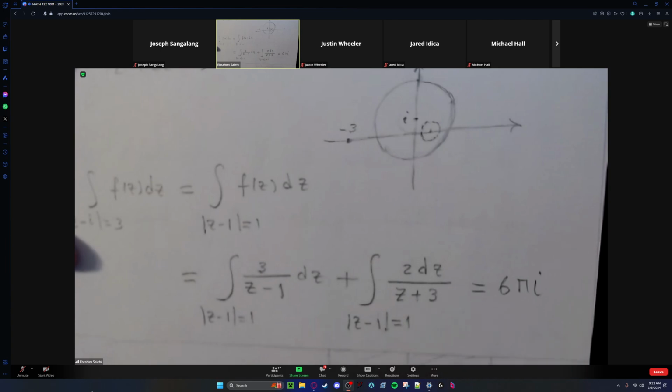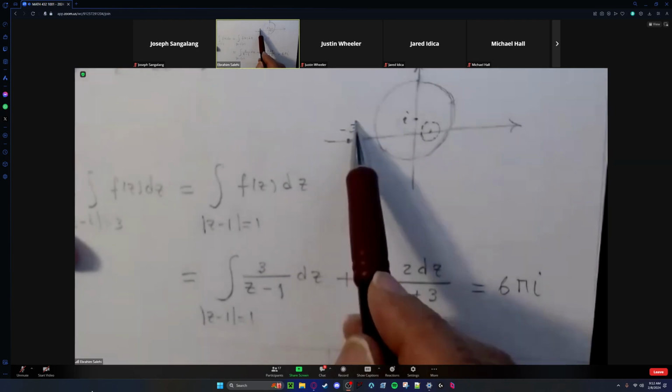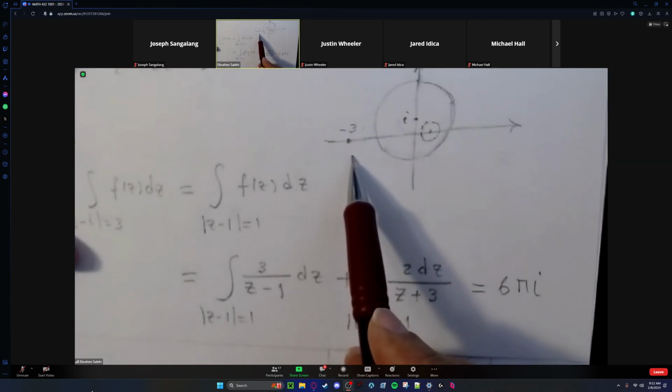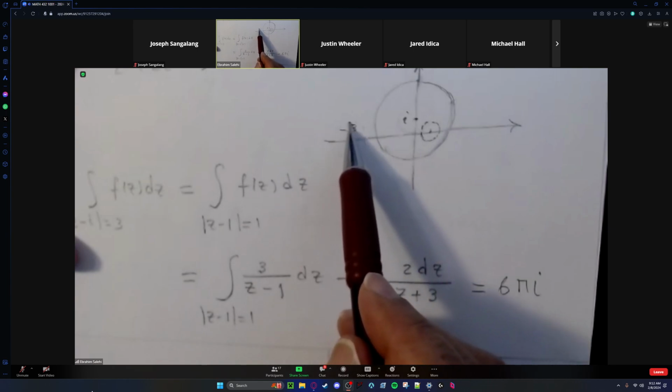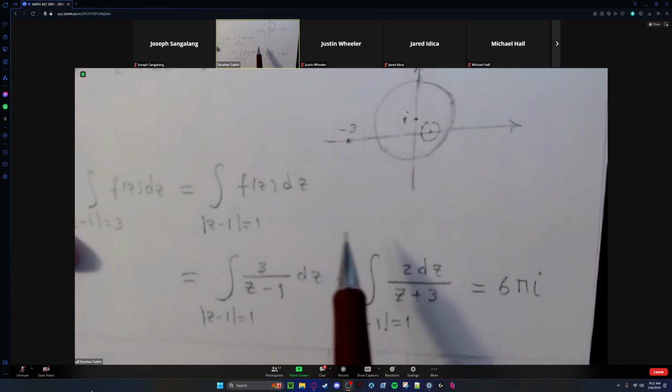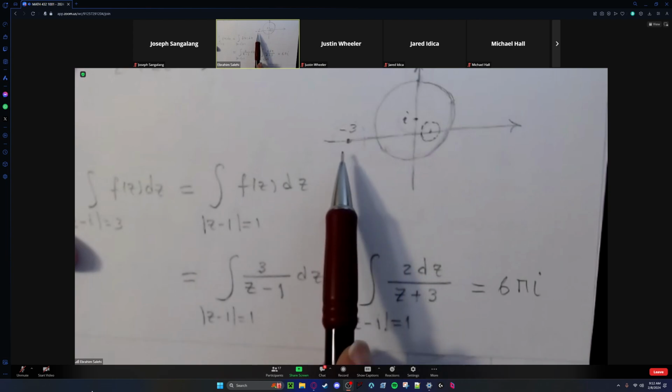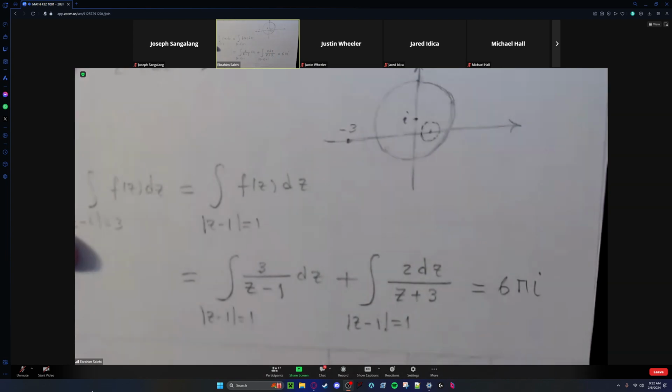By the way, if I was integrating over a circle centered at this point, let's say right here, then it would be 2 pi i times another 2, 4 pi i, right?